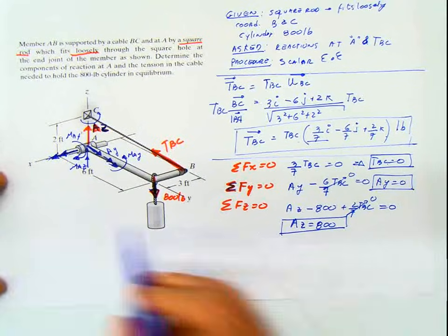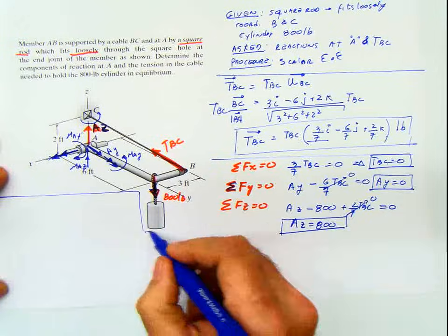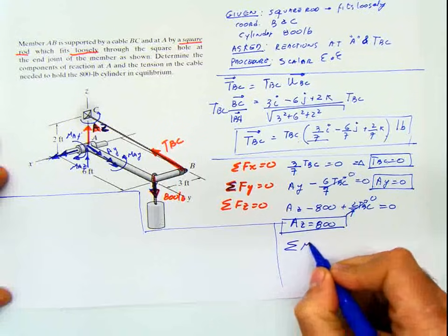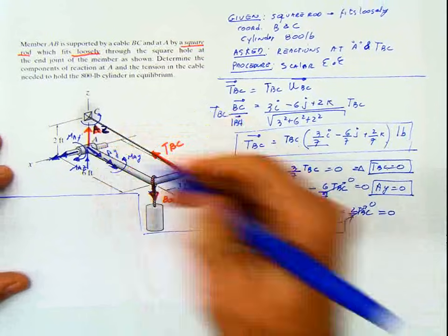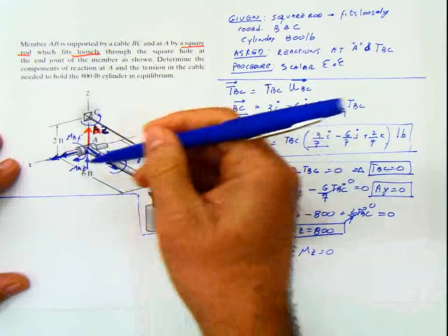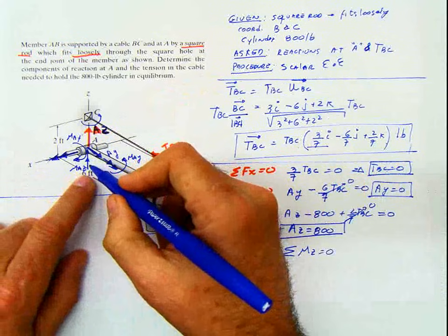Let's do that part. Let's do summation of moments then. I'm going to start with summation of moments around Z equals 0. Around Z, I have of course MAZ, which is this moment here.